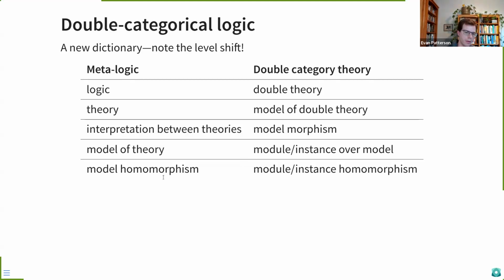And then finally, there's a notion of homomorphism between models, which is the notion of homomorphism between modules. Okay, so that's kind of a lot, but it does indicate how we're using the different levels of this structure.